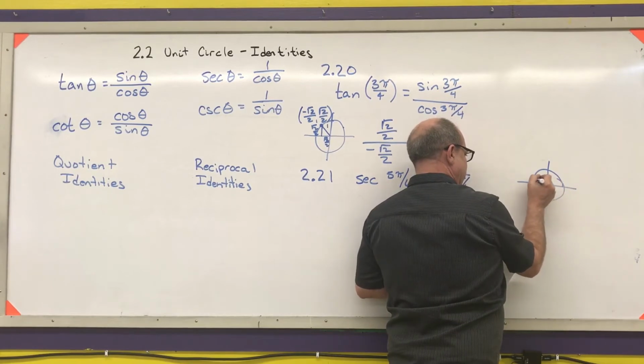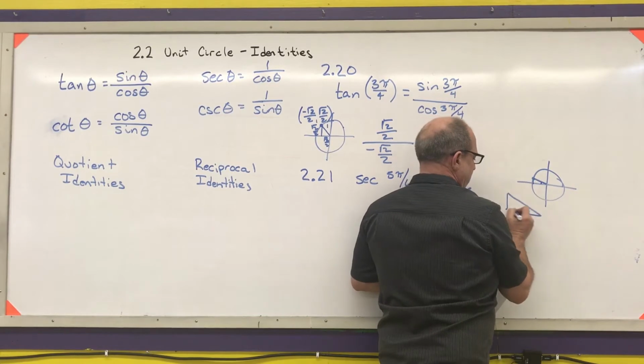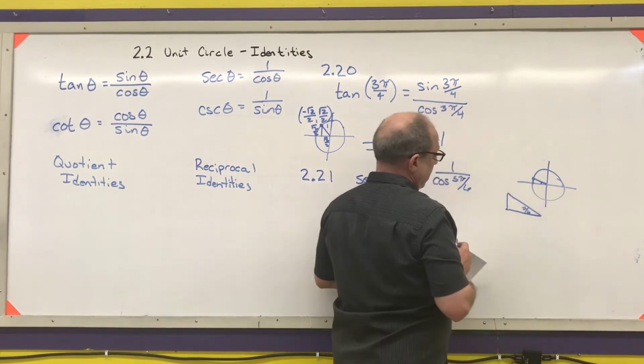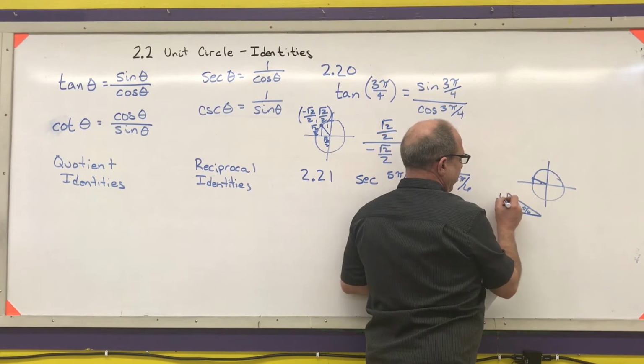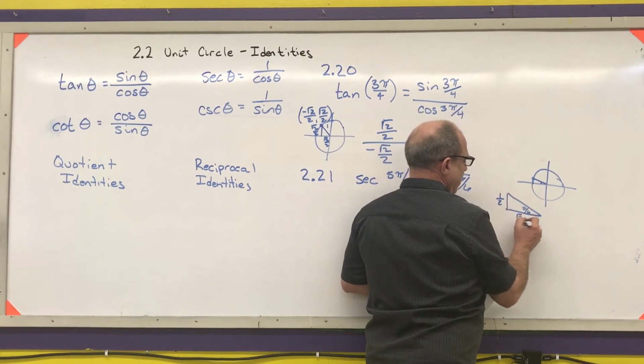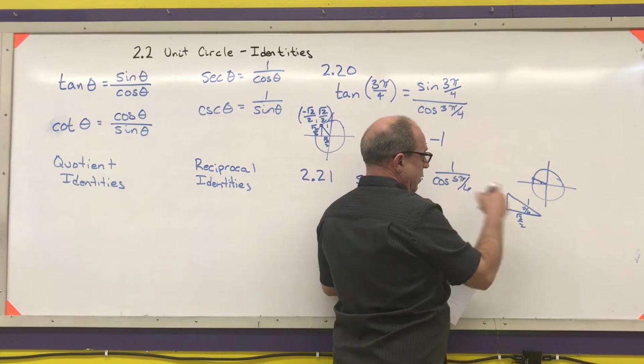Figure out that 5 pi 6 is down here. Its reference angle is pi 6, where my memorized side lengths are going to be 1/2, square root of 3 over 2, and then 1.